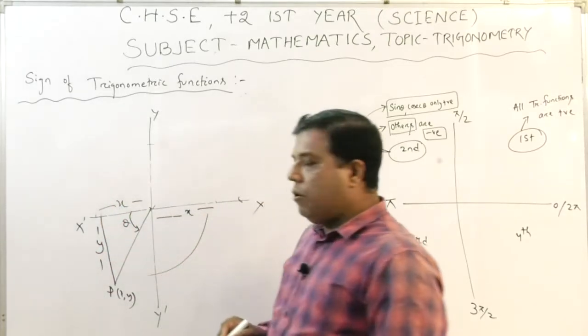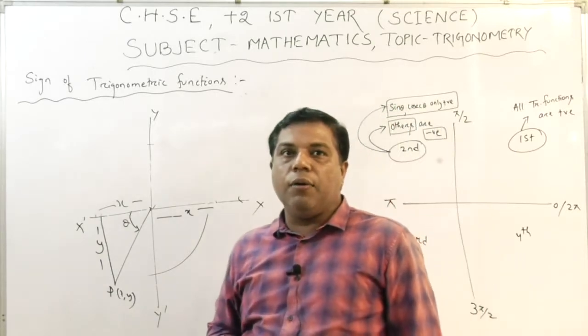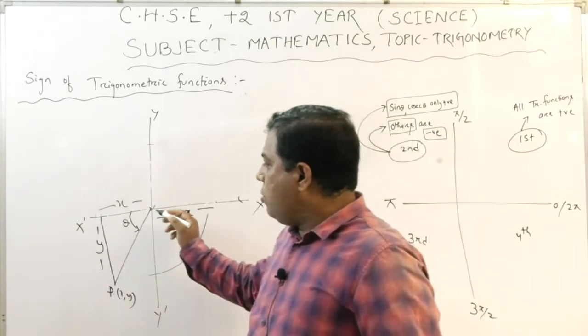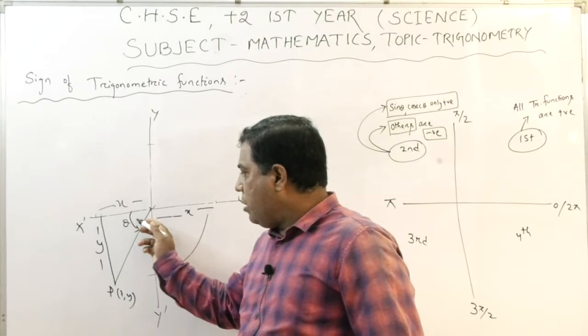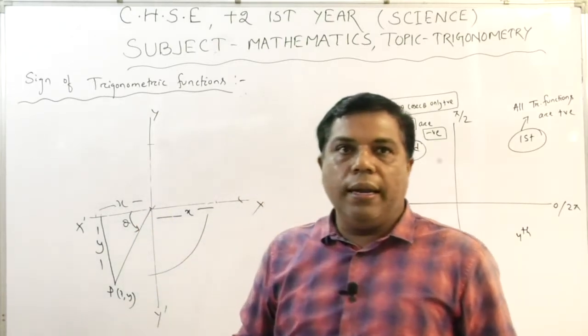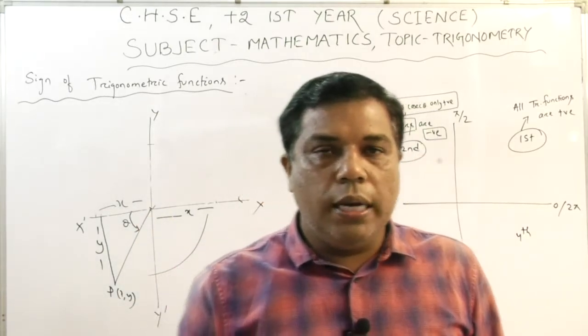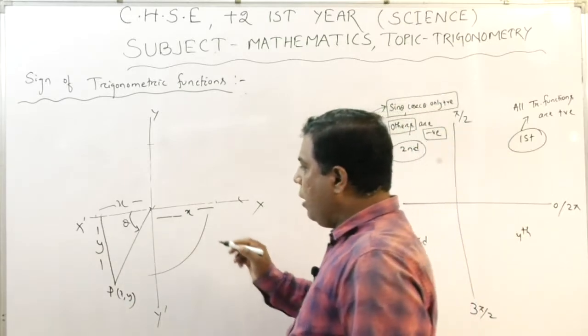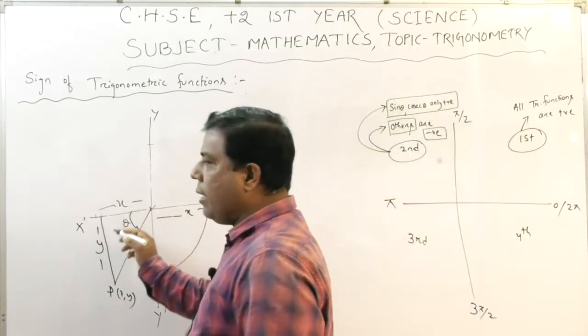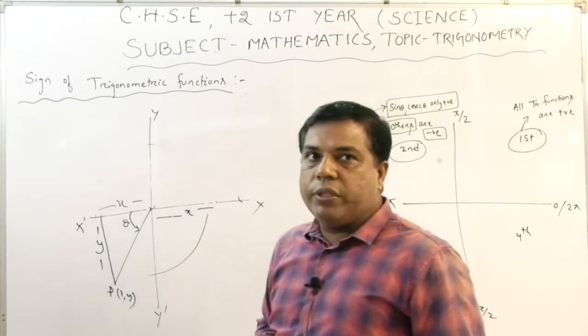Now you see, in the third quadrant, x is negative and y is also negative, both with negative signs.